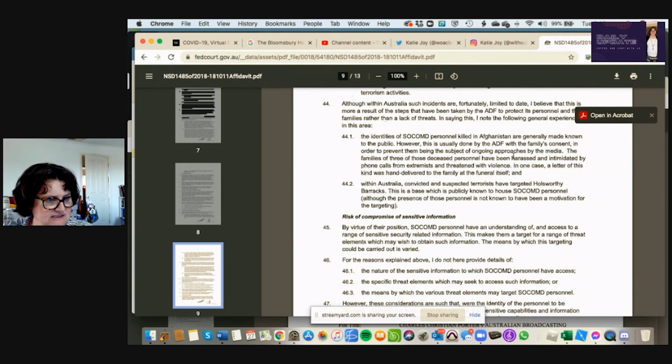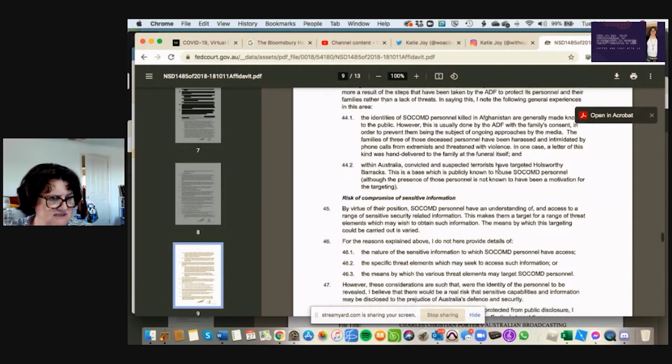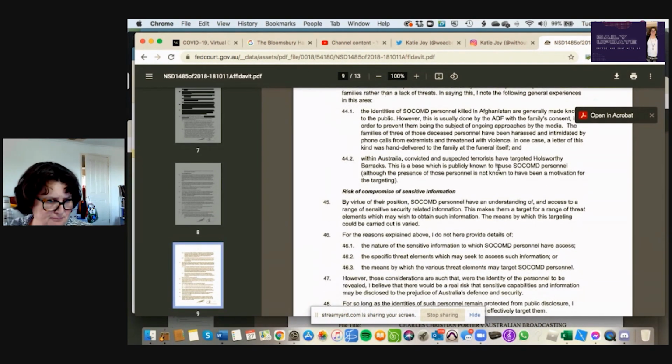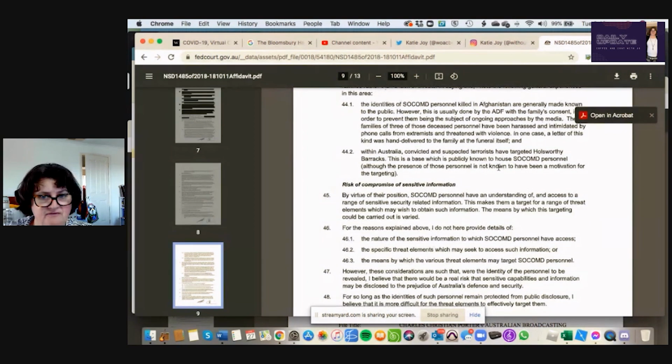However, this is usually done by the ADF with the family's consent in order to prevent them from being the subject of ongoing approaches by the media. The families of 3 of those deceased personnel have been harassed and intimidated by phone calls from extremists and threatened with violence. In one case, a letter of this kind was hand-delivered to the family at the funeral itself.